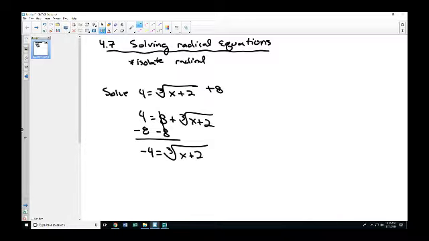You have to isolate the radical. Otherwise, can you imagine cubing? You have to FOIL it twice, FOIL the first two and then FOIL the third, and it just creates a big mess. So isolate, life is much better.